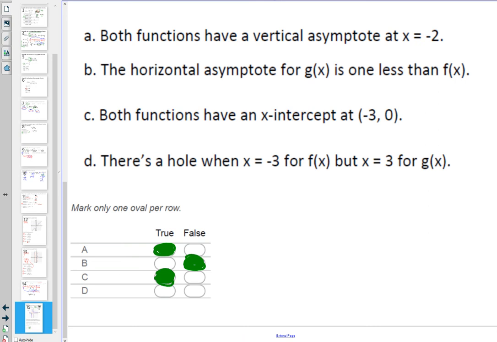Now this last one here, I did not really like the wording of this. This was written by the same source that will write your test on Wednesday, so that's why I left it in. I was thinking about just erasing part B, but I left it in just in case. There's a hole when x is -3 for f of x, but x equals 3 for g of x. And this is what I had the biggest beef with. When they say x equals 3 for g of x, that means an x-intercept.